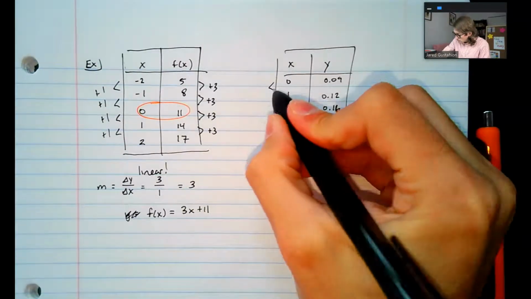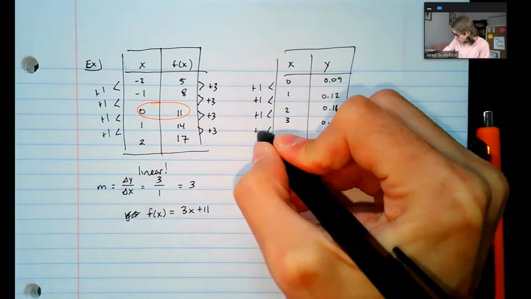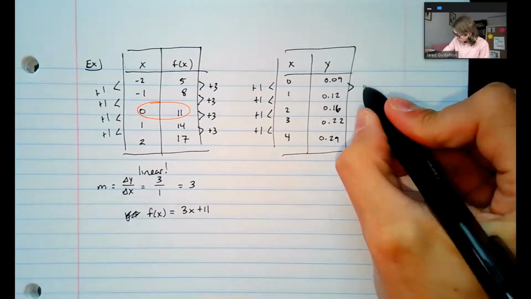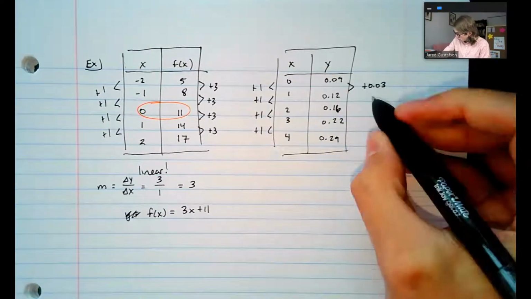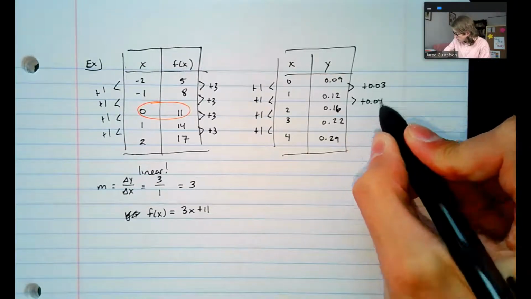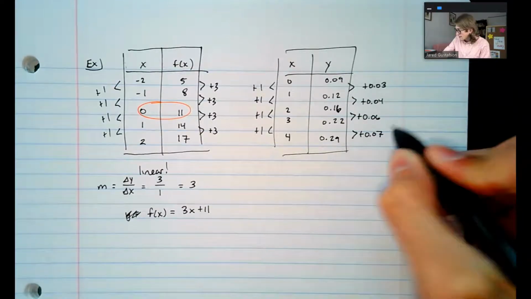Fantastic. Looking over at the second table, you'll notice when we look at the x's, we're going up by 1s again. So the change in x is constant. Looking at the y's, this goes up by 0.03. This goes up by 0.04. This goes up by 0.06. This goes up by 0.07.